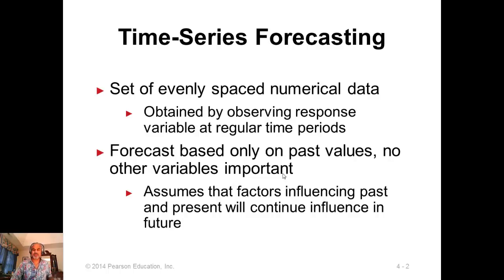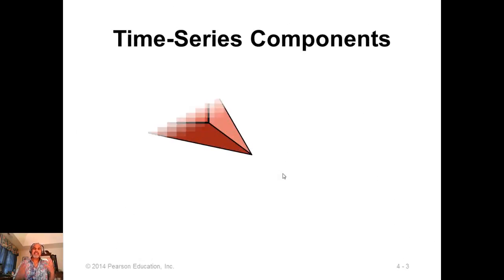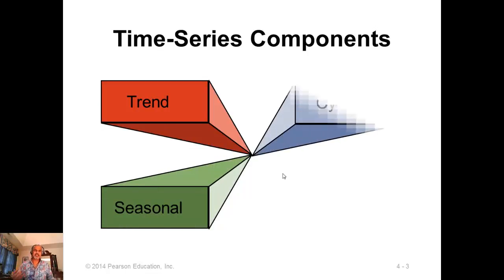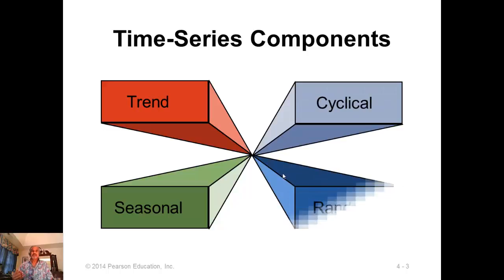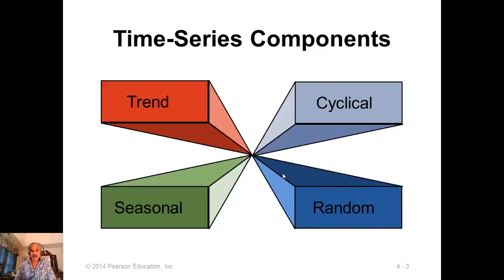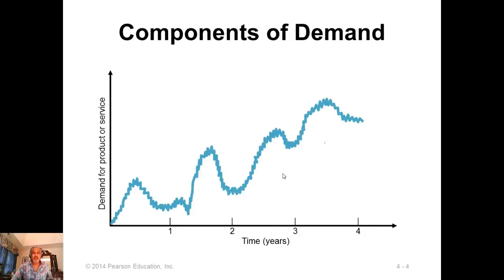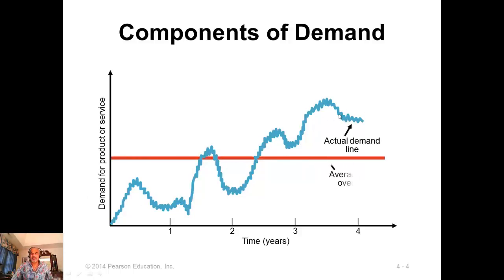So that's time series. Now we can take a time series and break it down into 4 different components. That is trend, seasonality, cyclical, and random component. So let's look at each of these 4 different components. Now trend is a long-term gradual increase in the data. So that is called trend.